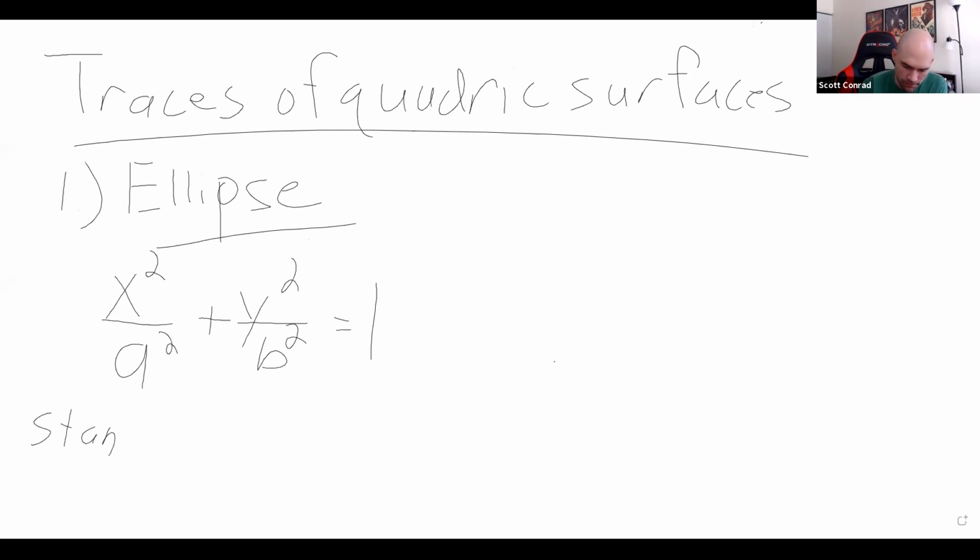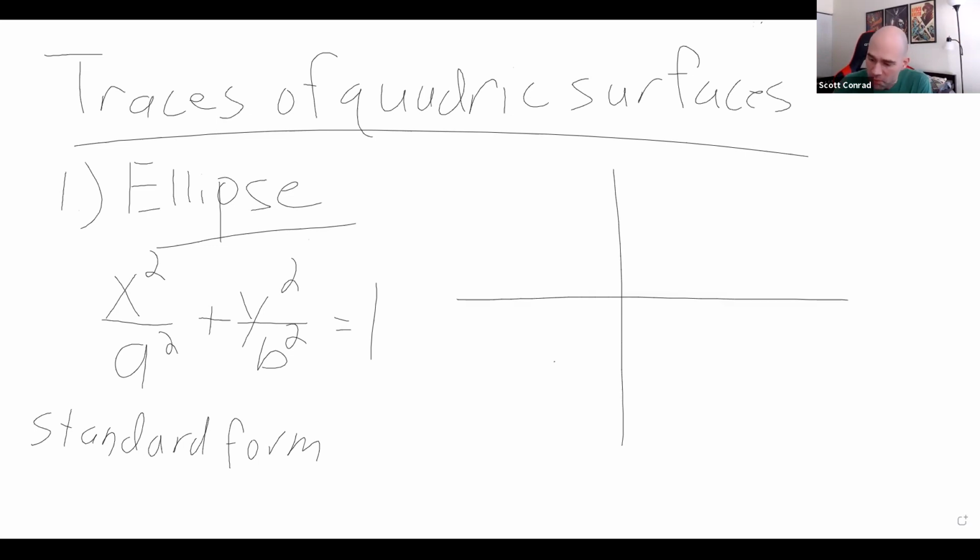Sort of the standard form, all right? So it's two of the variables, both of them squared, they're both positive. And we have 1 on the right-hand side. If you don't have 1, then you just divide both sides by whatever you have, as long as it's not 0. We'll look at what happens if you have 0. And you can put it in the standard form. So ellipses are pretty simple.